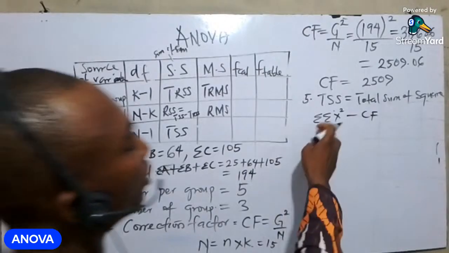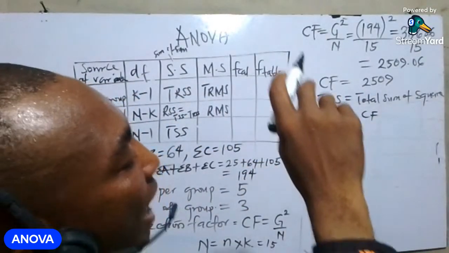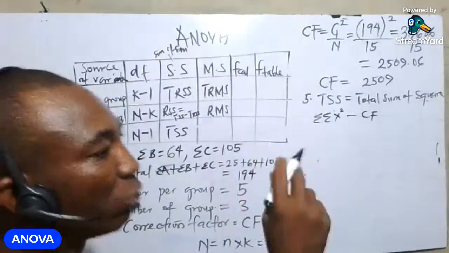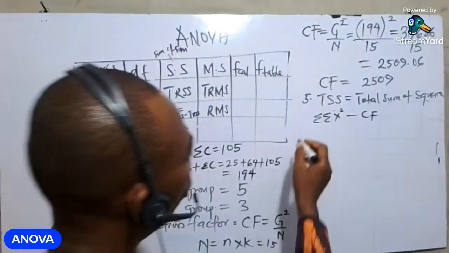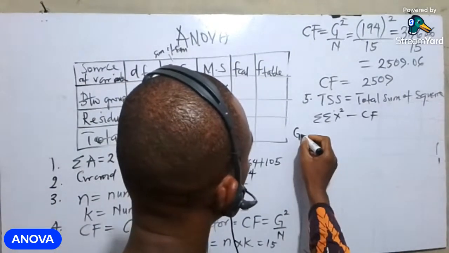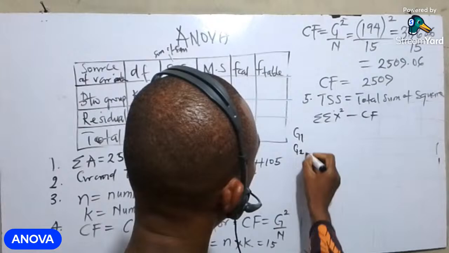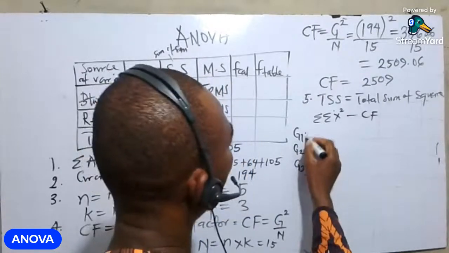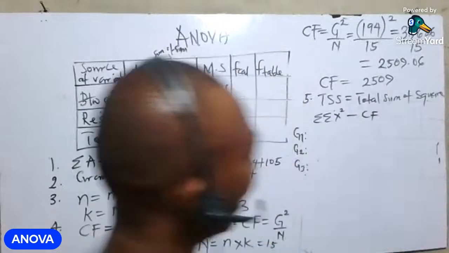When we say summation x squared, it simply means all the observed data given to you, you are going to square them one by one. Group 1, group 2, group 3. So I'm going to square them one by one and add everything together.